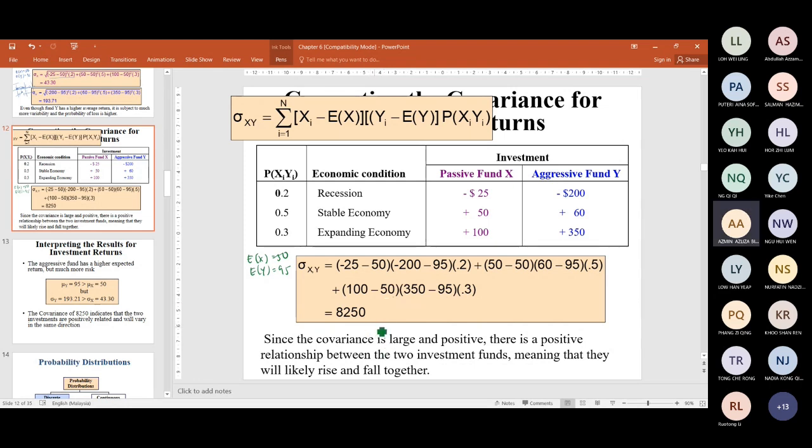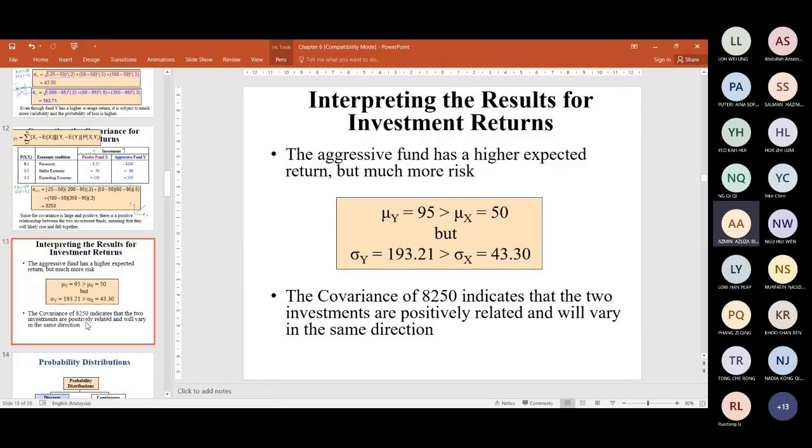Since the covariance is large and positive, we know that there is a positive relationship between these two investments, which means that they will likely rise and fall together. If this one rises, this one also rises. Positive relationship between the two. That's just a summary.